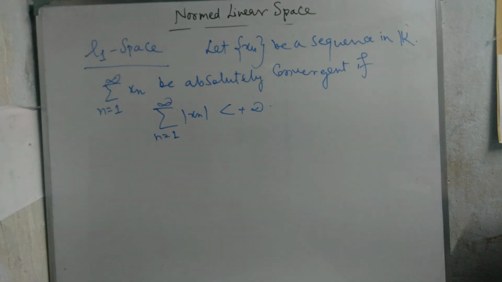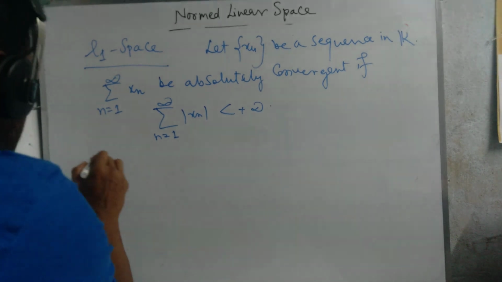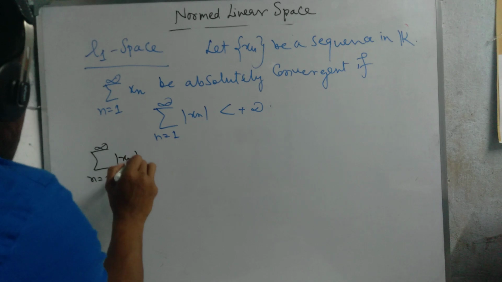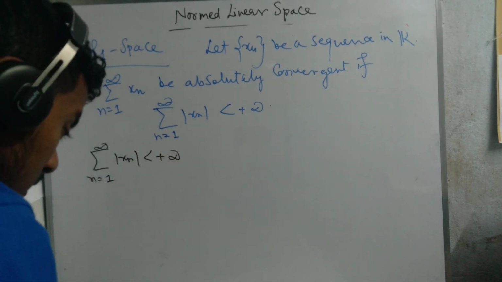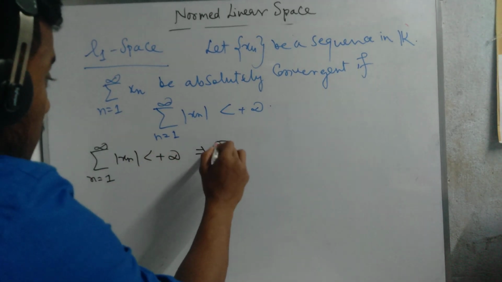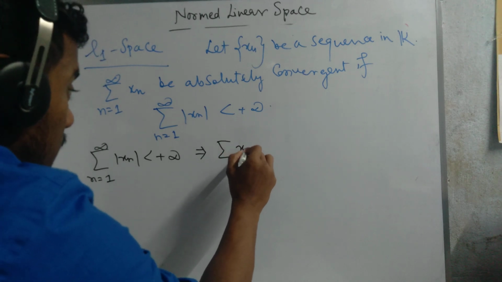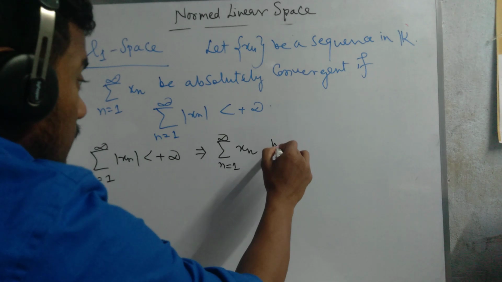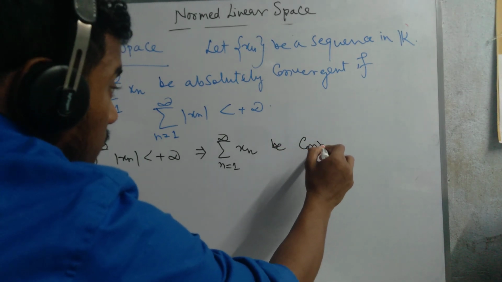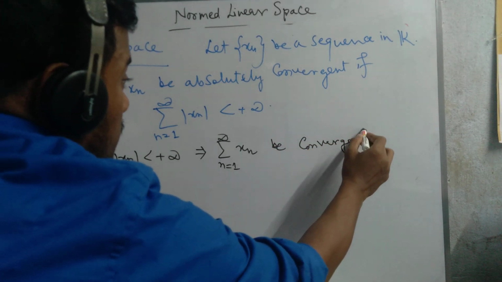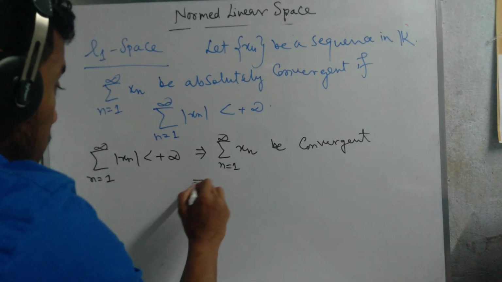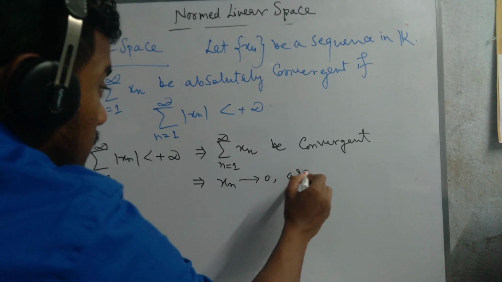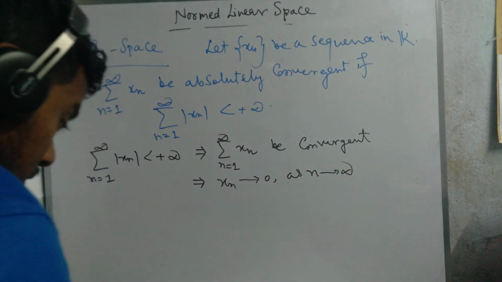Then this implies that the summation of xn, n equal to 1 to infinity, is convergent. This implies that xn tends to 0 as n tends to infinity.